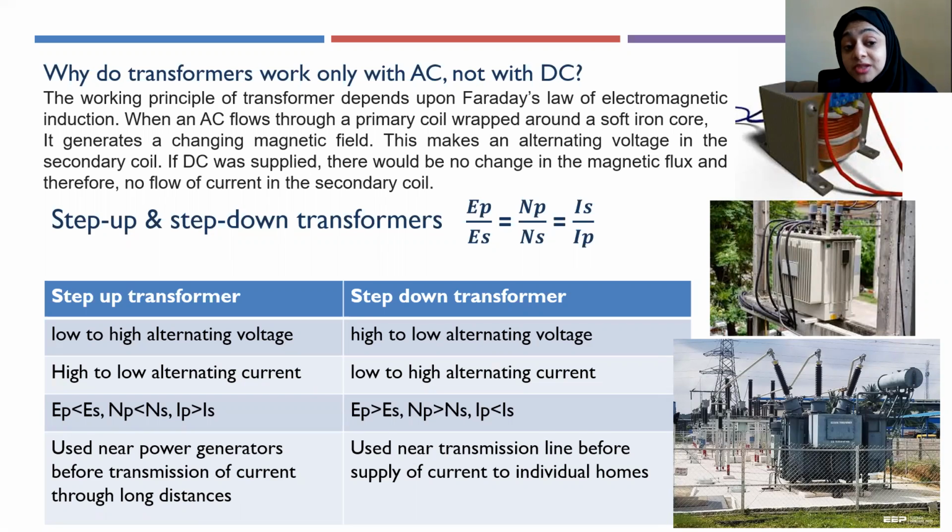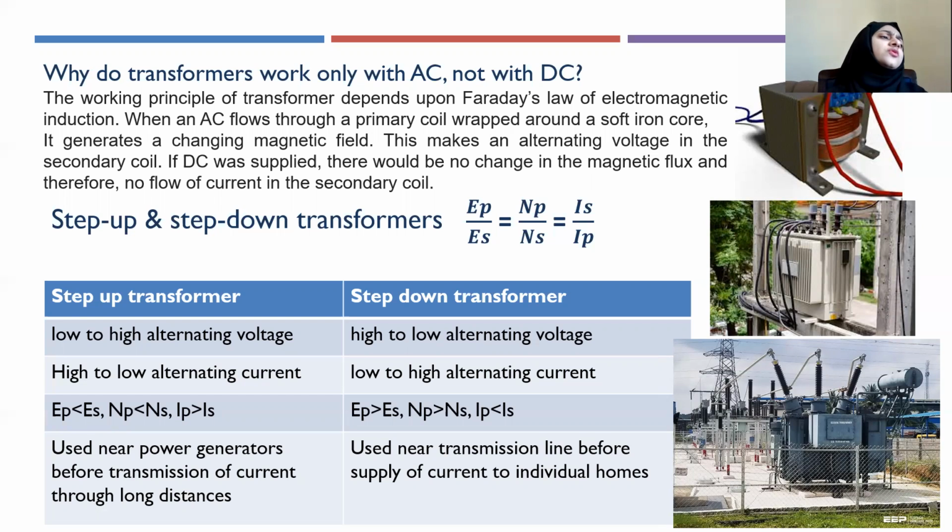We have learned in the current electricity chapter in the beginning that if current flows through a coil of wire, it produces heat, Joule's heating effect. And how much heat was produced? H is equal to I square RT, where I is the current, R is the resistance of the coil of wire, T is the time taken.